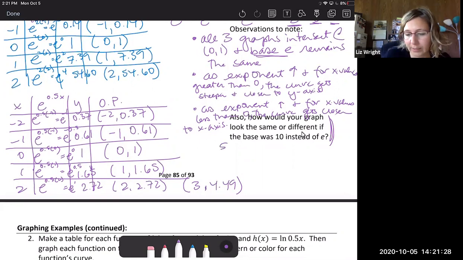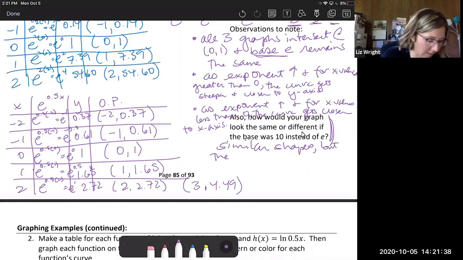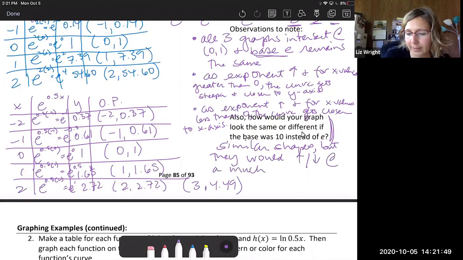So that's what we're going to put in here. Similar shapes, but they would increase or decrease at a much faster rate.